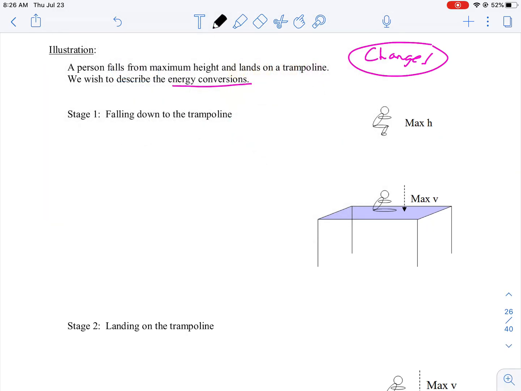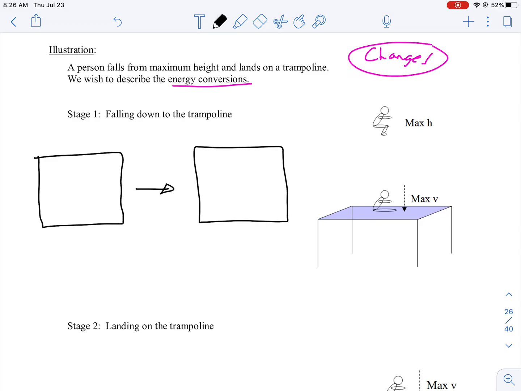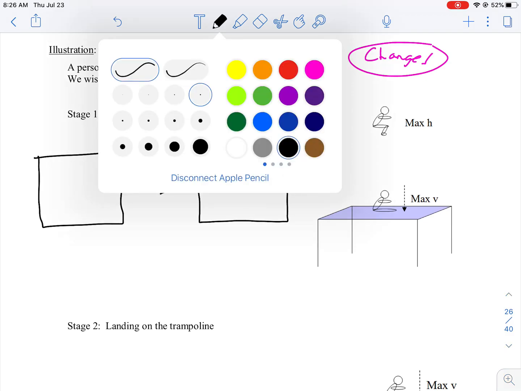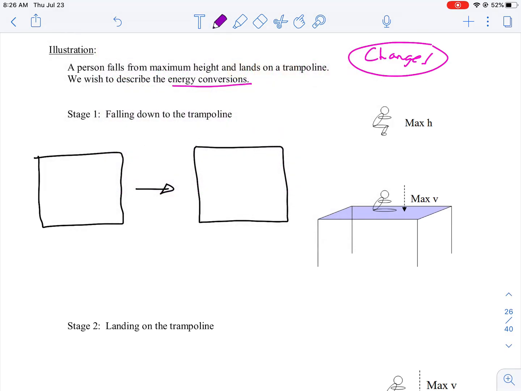What we do is we're going to do box to box, if you like doing this. And what you have to know about these two boxes, the first box here is the energy that decreases, whereas the other side is the energy that increases.